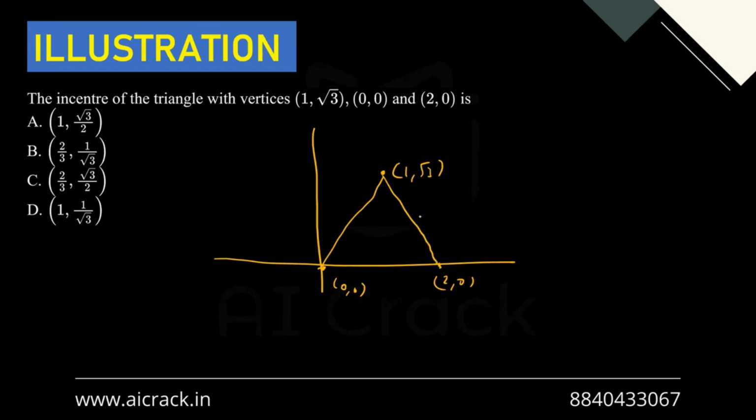And in an equilateral triangle, every center is the same: orthocenter, circumcenter, incenter, or centroid. So the easiest calculation is the centroid, which is also the same as the incenter. So x would be (1 + 0 + 2) divided by 3, and y would be (root 3 + 0 + 0) divided by 3. That comes out to be 1, and 1 by root 3. So D is the correct answer.